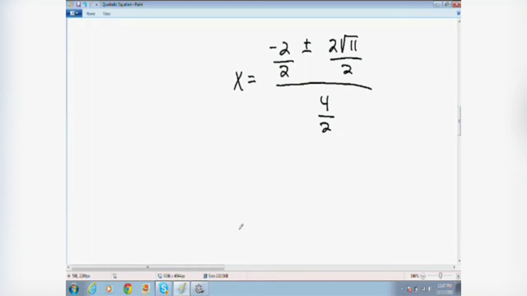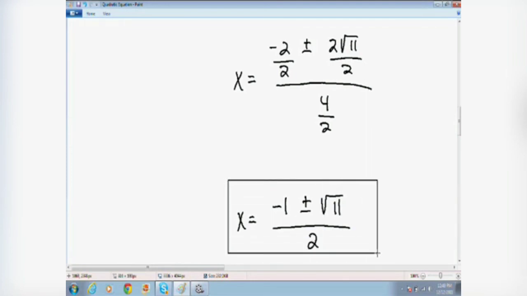And finally, we arrive at our final answer. -2 divided by 2 is just -1. Plus or minus 2 square root of 11 divided by 2. If you just notice, the 2's cancel out, so that just becomes a square root of 11. All divided by 4 over 2. 4 divided by 2 is just 2. Now this equation cannot be simplified anymore.